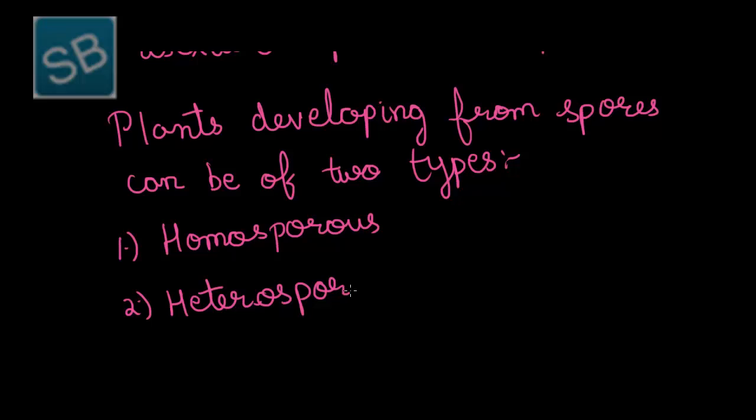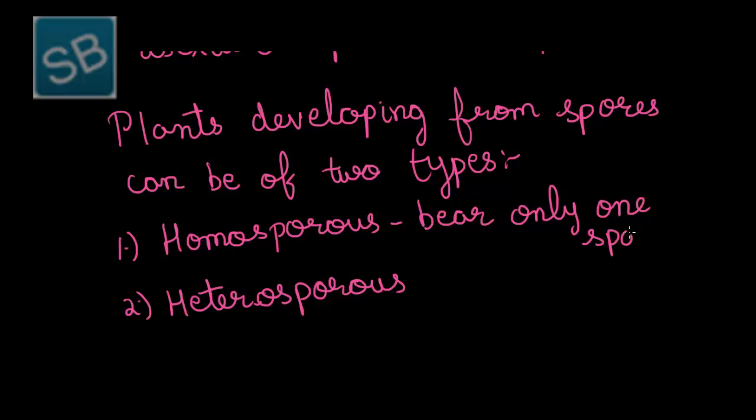Definitely, the name only suggests what the term means. Homosporous are the plants that bear only one type of spore, and heterosporous are the plants that bear two types of spores.